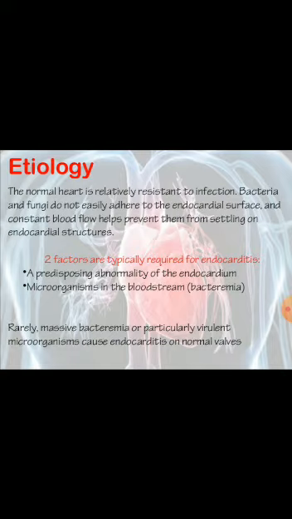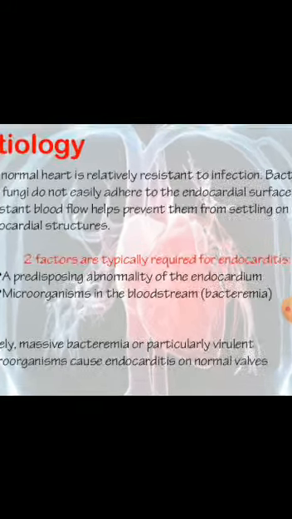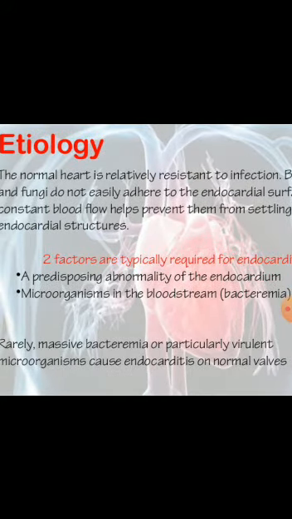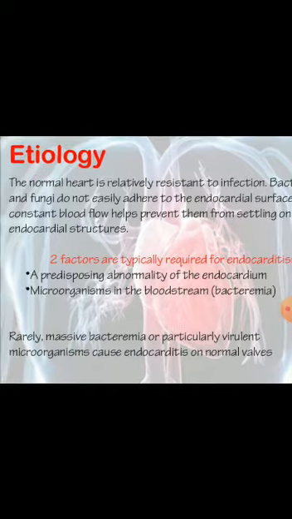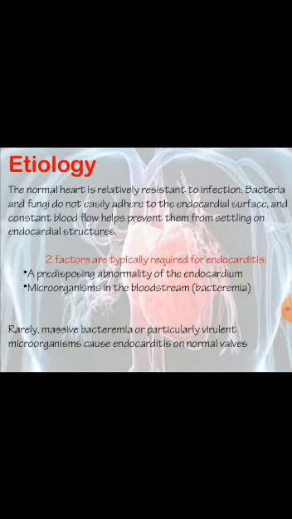The two factors are a predisposing abnormality of the endocardium, meaning any abnormality already present in the endocardium, and the second one, microorganisms in the bloodstream. The presence of microorganisms in the bloodstream is known as bacteremia.